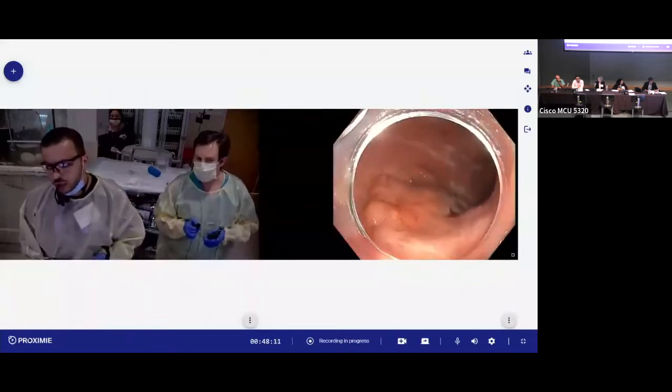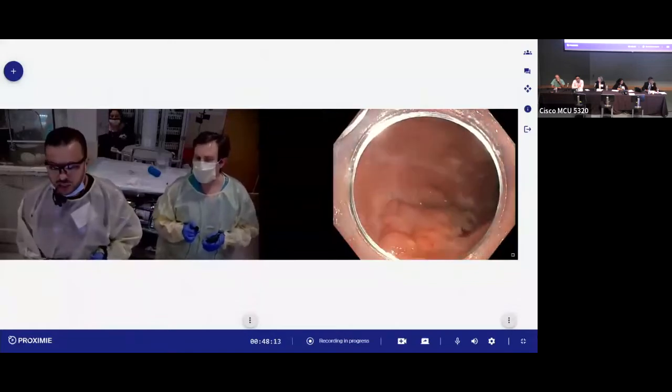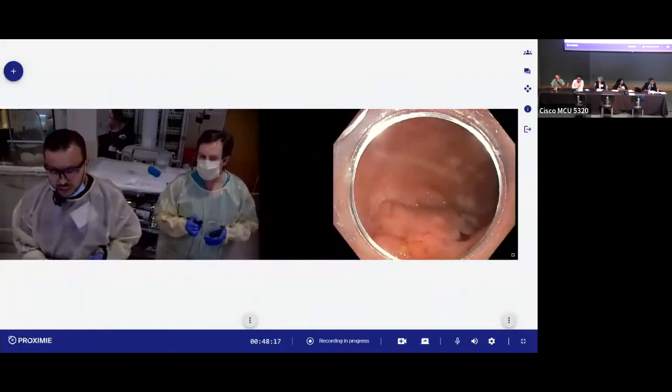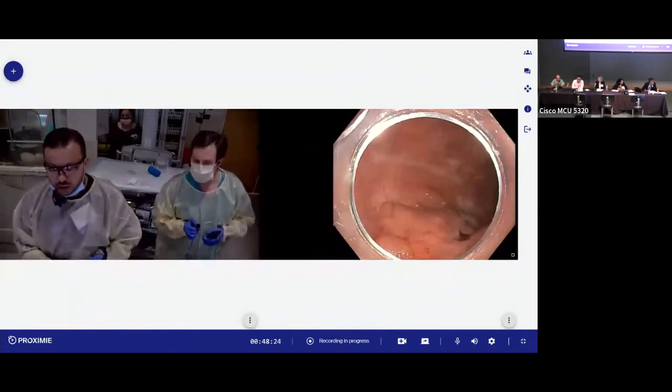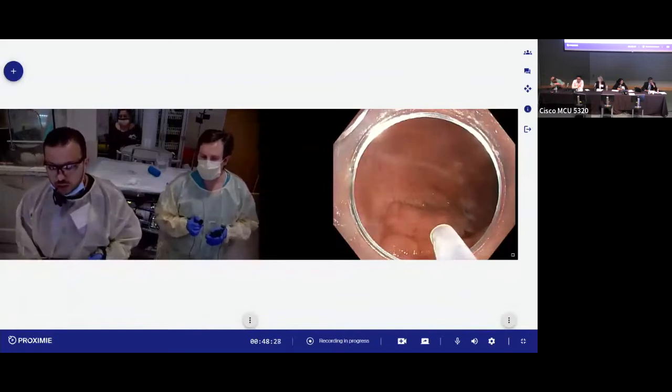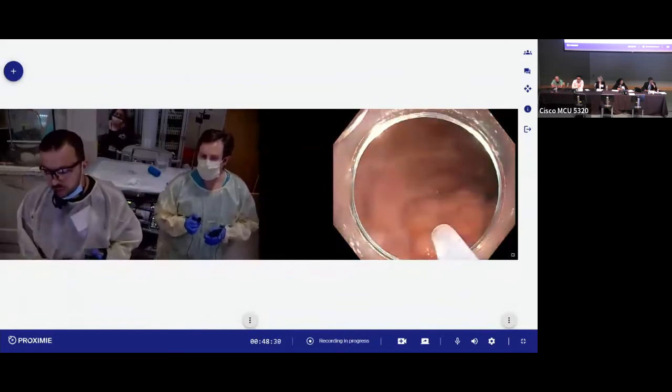So I think either approach is adequate with just the tubular adenoma and no high-grade dysplasia or carcinoma. I think if we can get good piecemeal resection with cautery, snare tip, soft coagulation of the resection margin, I think that would be adequate too.